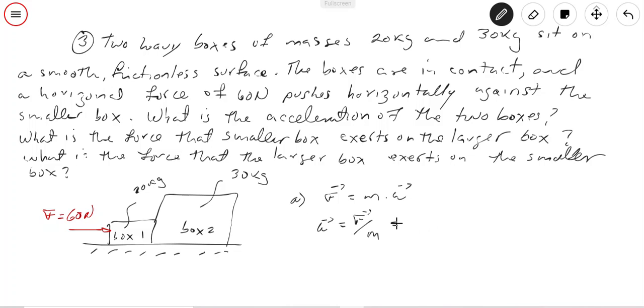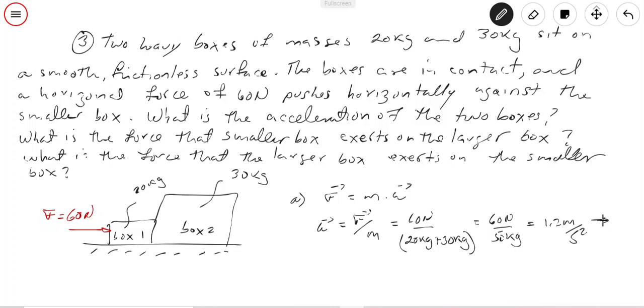In this case, the force is 60 newtons, divided by the mass, 20 kilograms plus 30 kilograms. So it's 60 newtons divided by 50 kilograms, and the acceleration will be 1.2 meters per square second.